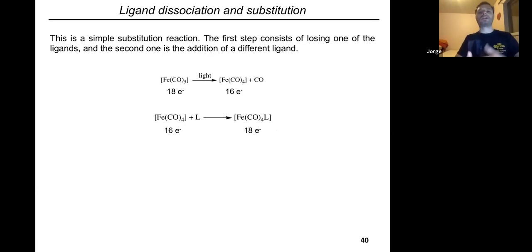So always in a reaction, there is something that destabilizes the system, and that's the motivation for the system to react with something else, forming a new compound. Ligand dissociation and substitution. First step is losing one ligand or more, and then second step is the addition of a different ligand. And that's how the reaction proceeds.